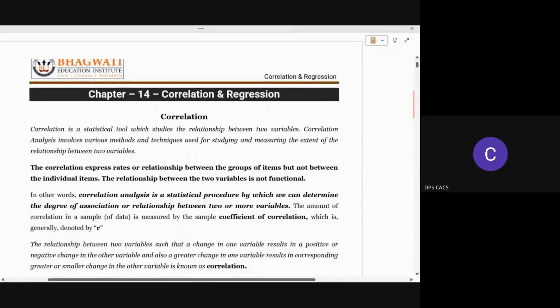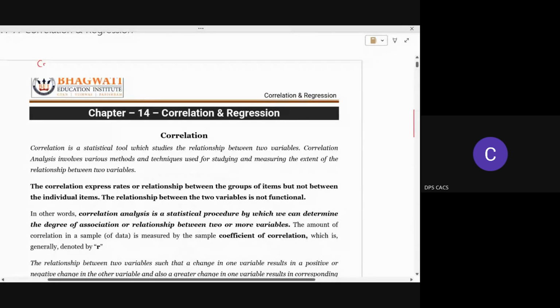Please write down: correlation refers to the degree of relationship between two variables x and y. In the exam, a minimum of 3 to 4 questions are going to come from this chapter. x and y is just an example.